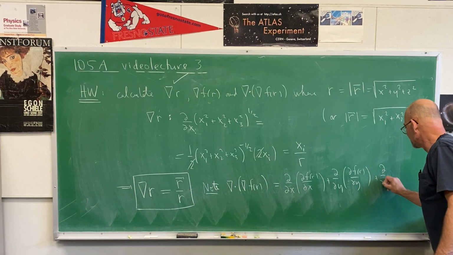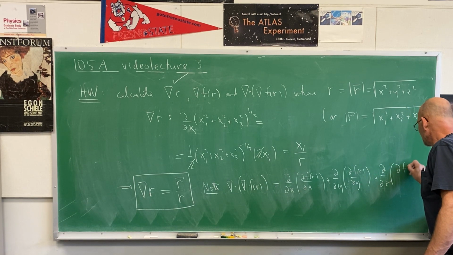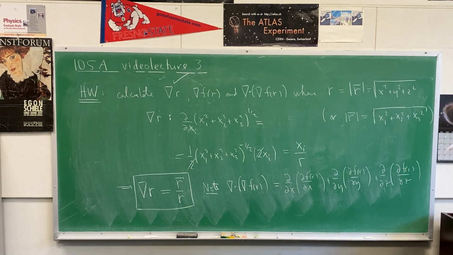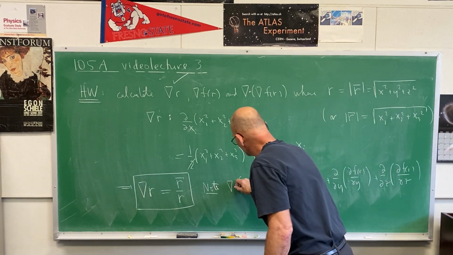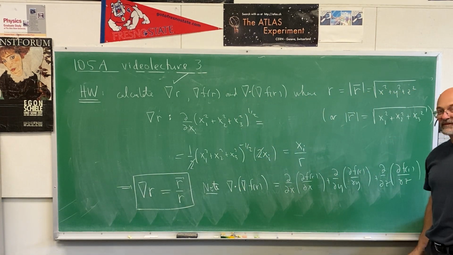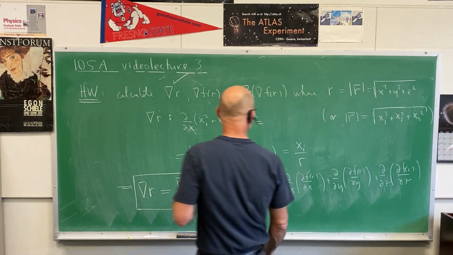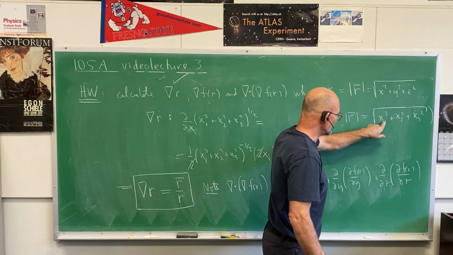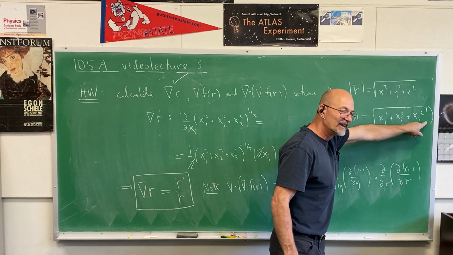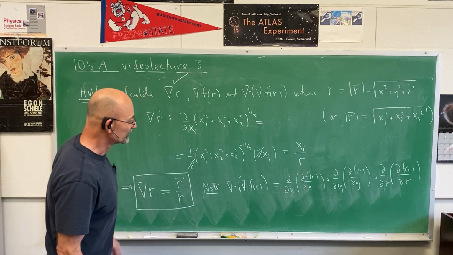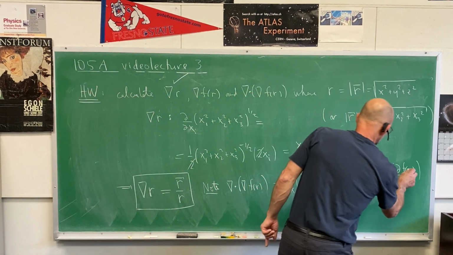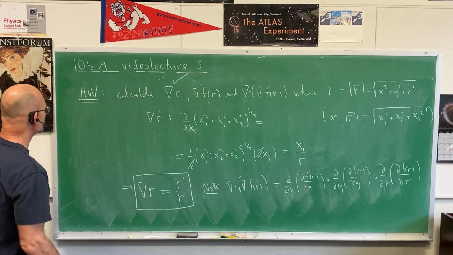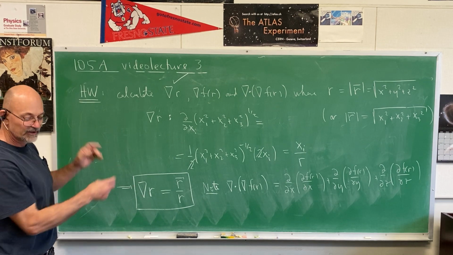Plus d dz of df of r dz. So you've got a couple more steps left, and then you get a very interesting result here. It's even more interesting if instead of a three-dimensional vector, you take this r with x1 squared to xn squared, and you get a general result in n space. Maybe we'll tackle that one later. For now, we'll just do it in three space. Okay, so there's one of your homework problems. Right there, we got a good start on it.